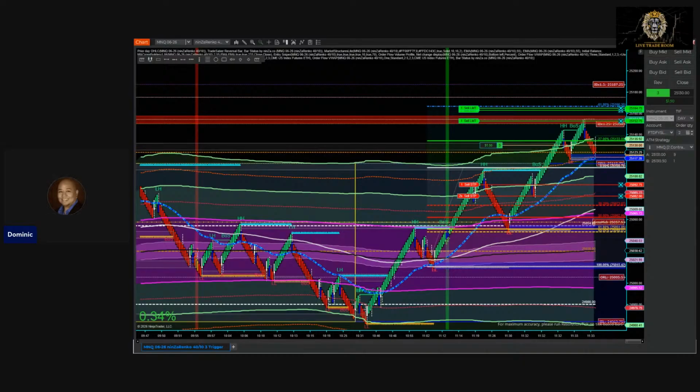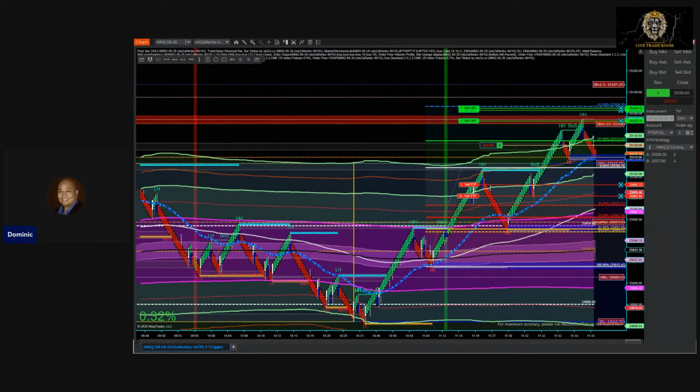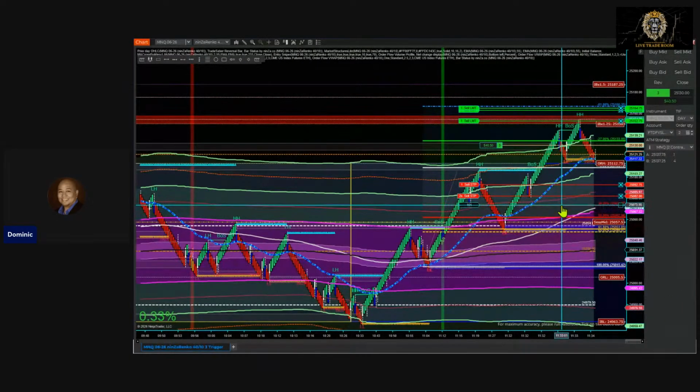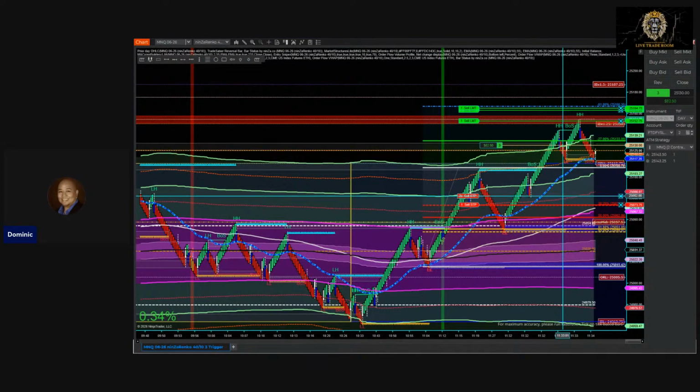Come on. Man, you can see how erratic it is. I just want to make sure that it's not going to be hitting my, right there's my, come on, hit it. Hit the target.